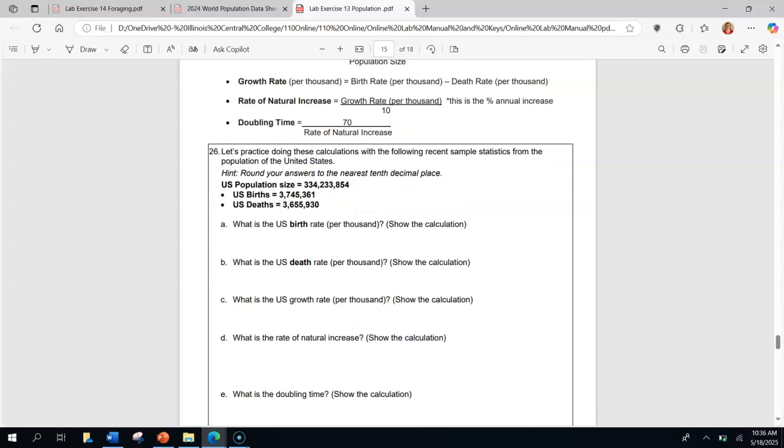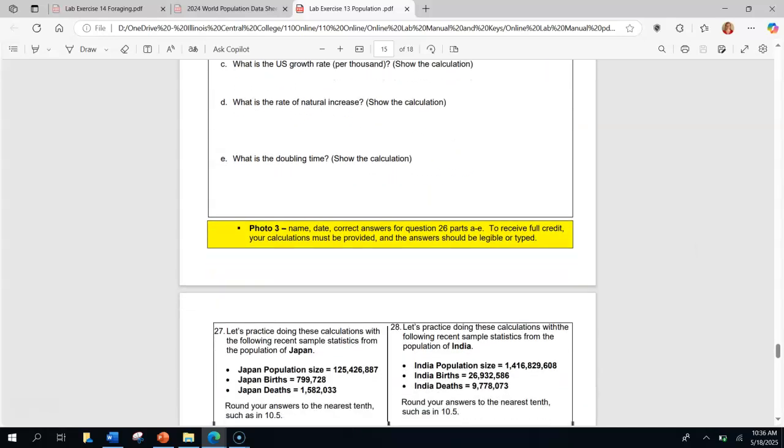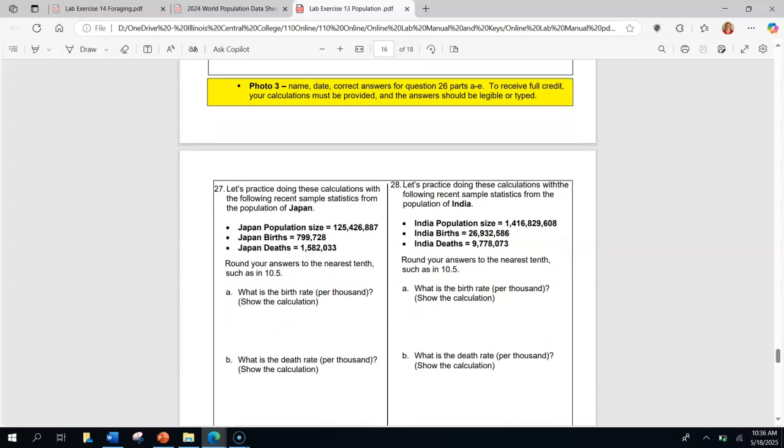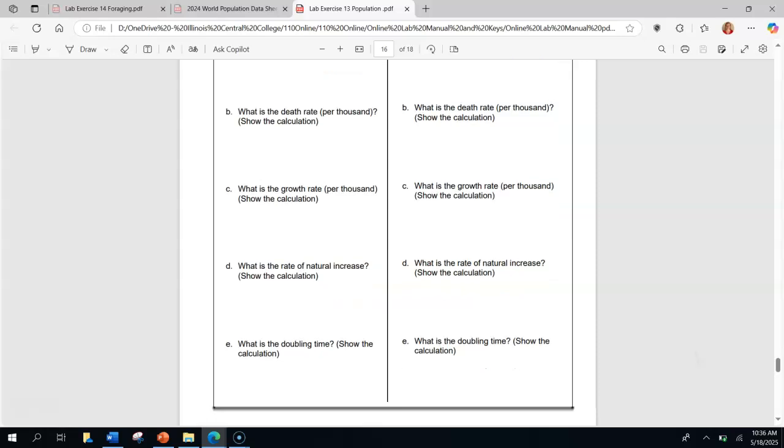And then for doubling time, you're going to take your answer to letter D, and 70 divided by D is going to give you that. You can kind of read through that and it will make sense. That is photo 3. You're going to practice more on questions 27 and 28.